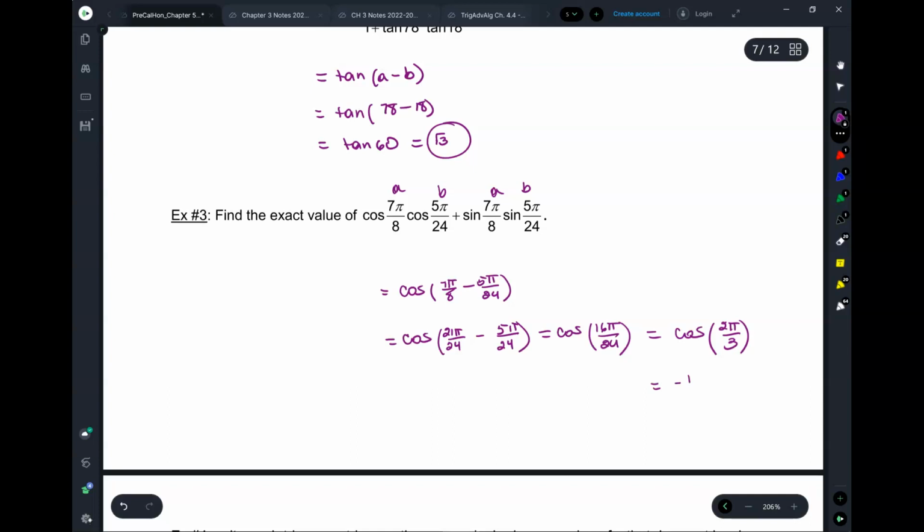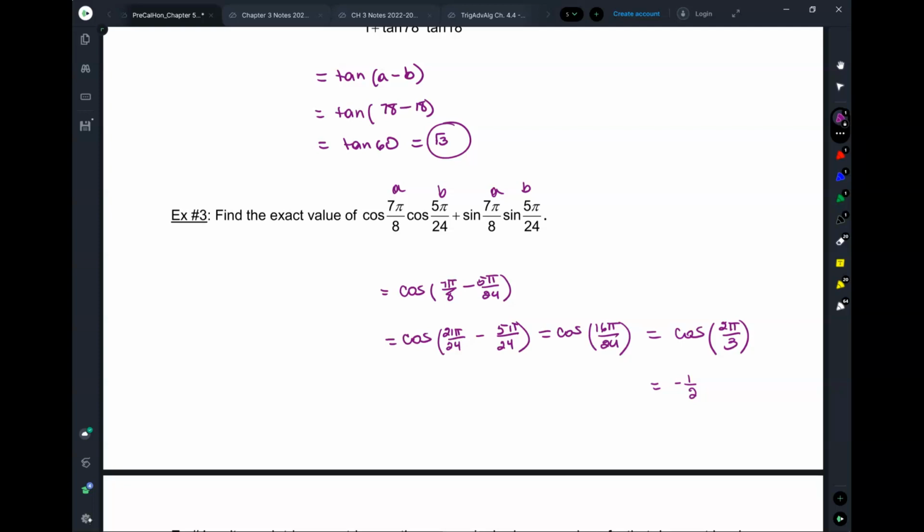Negative 1 over 2. Yes, it's 16 pi over 24, which simplifies to 2 pi over 3. Negative 1/2.